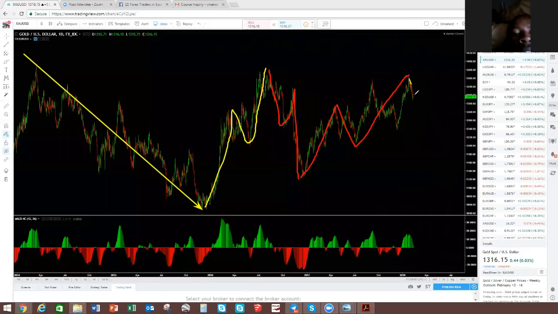So if this is our first impulsive move down, we need to get a correction. You see here, we had an impulse first, we got a correction here, and then we got this move down. So this piece could be this piece here. So we could be looking for that move, not in that color, in red, still in the red degree.